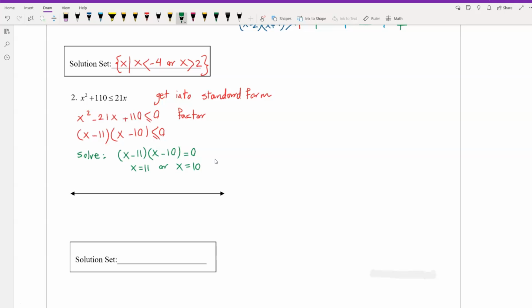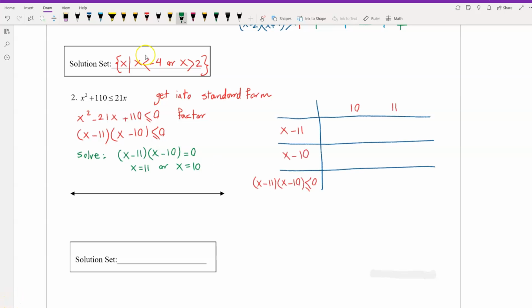And here on this part, this one is asking for negative. So here on this part, x minus 11, x minus 10, here on left, multiply, the answer should be less than or equal to 0. So on top, on this part, we have 10, positive 11, so the smaller number on the left and the larger number on the right, same as number line.